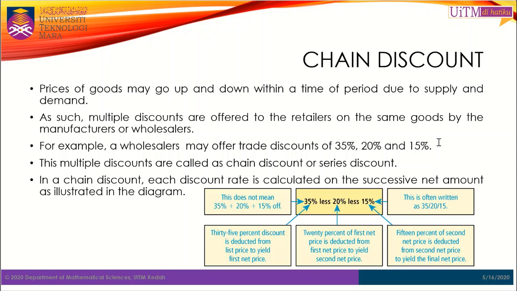Then you get another net price, and the last net price will be applied to the third trade discount, that is 15%. So that is what it means by chain discount. The trade discounts are calculated one after the other. All right, so that is basically the scenario behind what we call a chain discount.